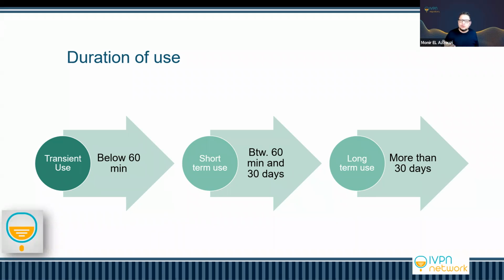Then if you are using your device between 60 minutes and 30 days, it's called short-term use. It's also mentioned in the rules. And if it's more than 30 days, then it's long-term use. So as you may understand, the higher the usage, the higher the classification can be. This is mainly what is driving the classification for this product.